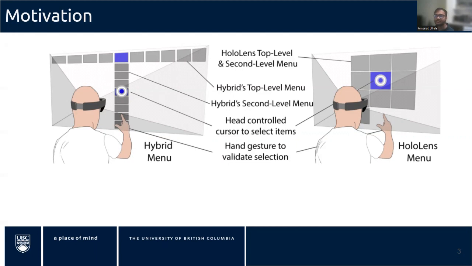But this has some problems. The current system has some problems: displaying the menus in the field of view occludes the displayed contents, and it also limits the menu size. And on top of that, the mid-air gestures are rather difficult to perform accurately.